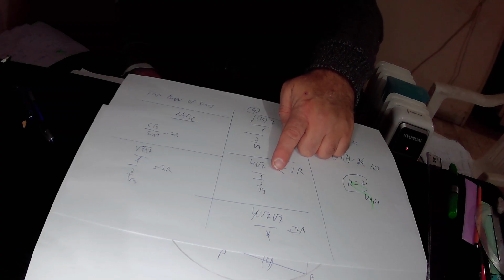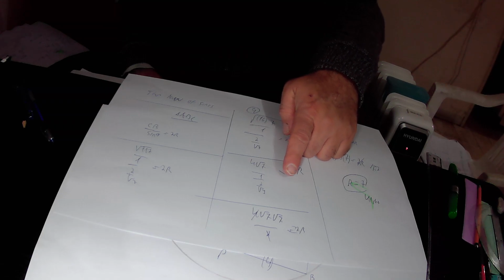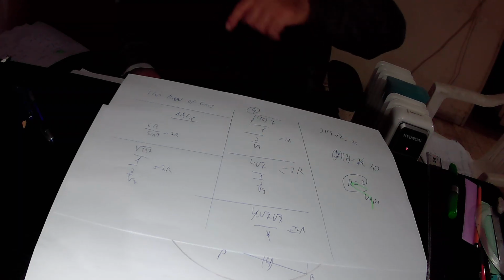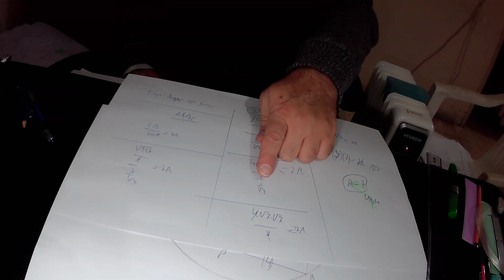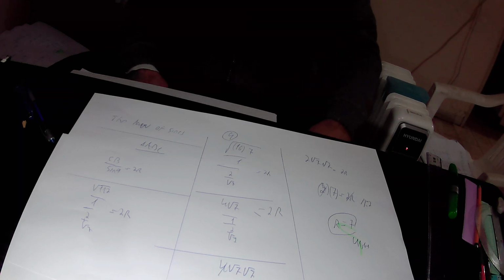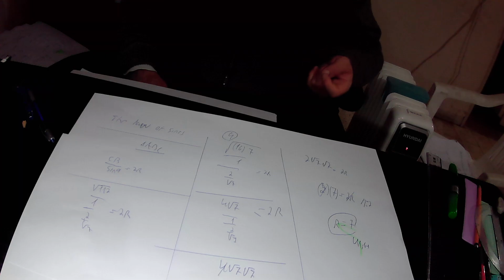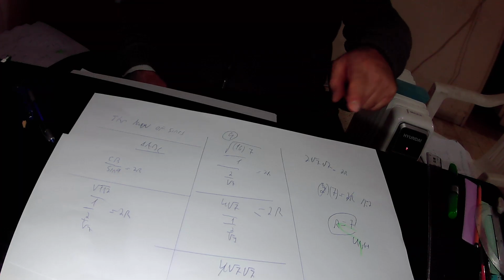So in total we found that 4 times square root of 7 times square root of 7 over 2 equals 2R. Square root of 7 times square root of 7 is 7, and 4 over 2 is 2. So we have 2 times 7.